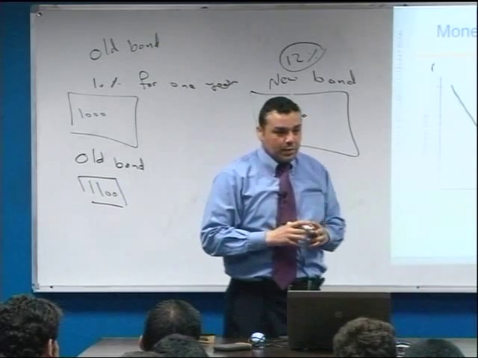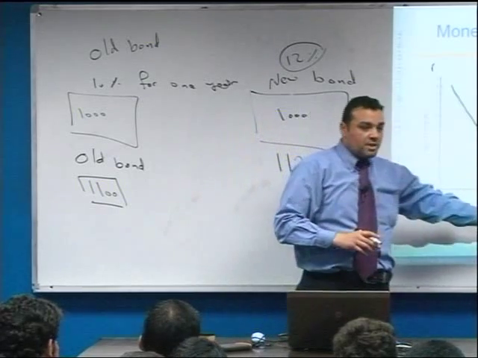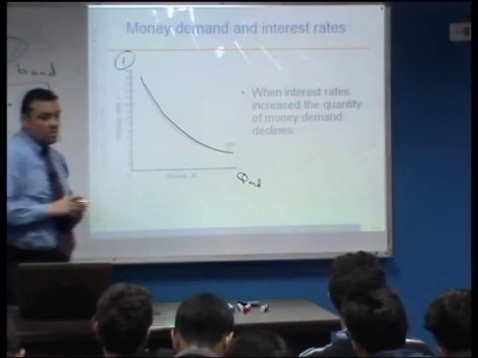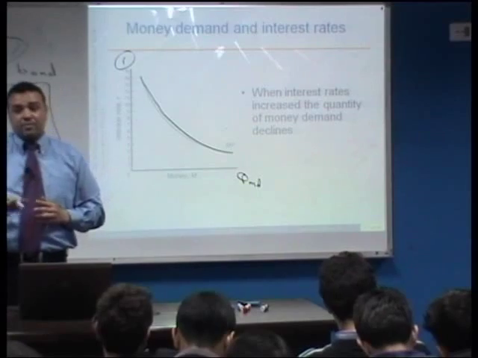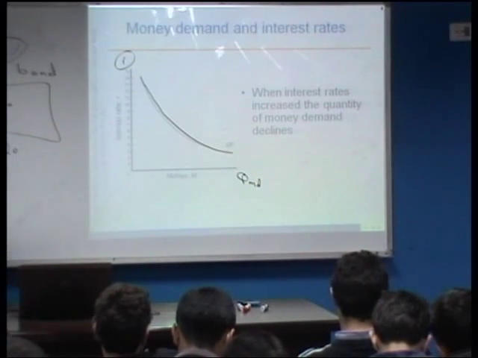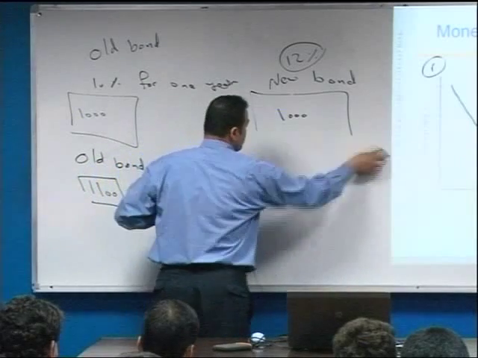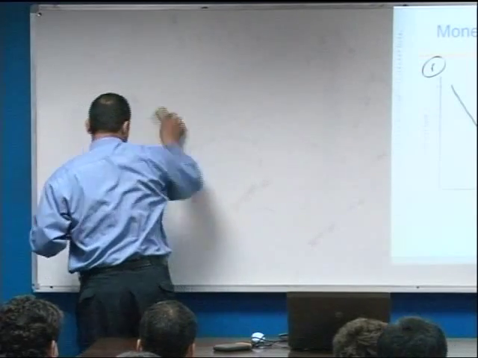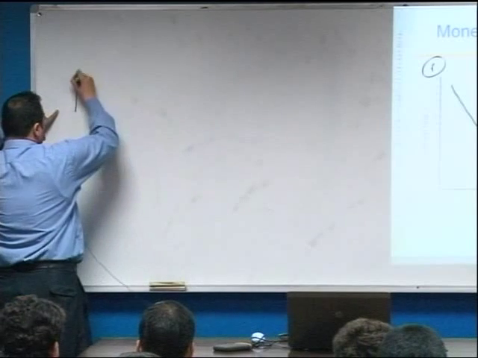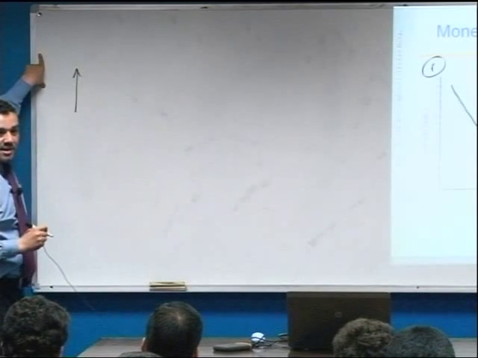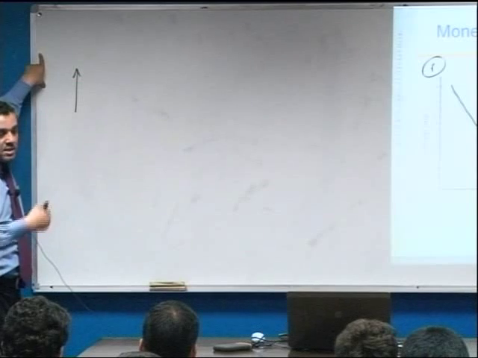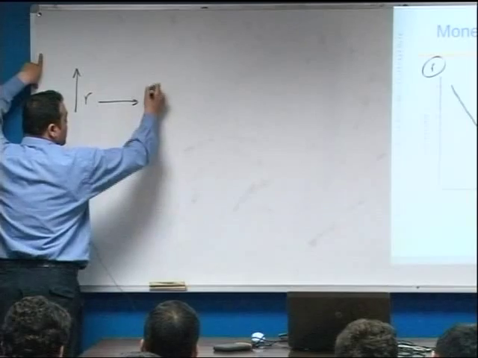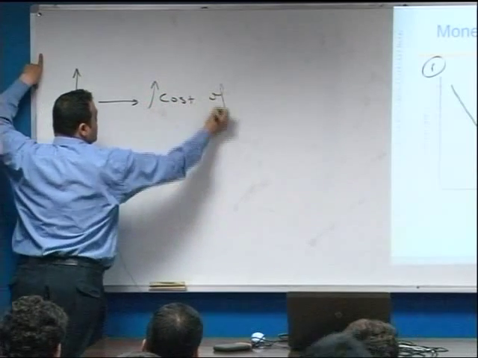The relationship between the interest rate and the quantity of money demanded is negative because the interest rate is what? The cost of money, the cost of borrowing money. So the increase of the interest rate leads to an increase of the cost of borrowing.